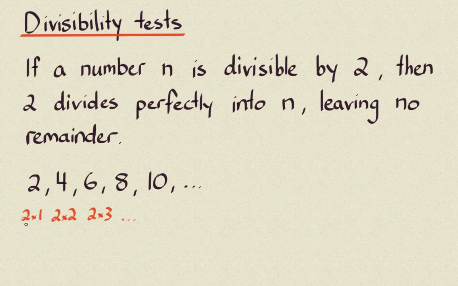Well, we've got the number 2 starting off, and that kind of makes sense because we're talking about a case where our number n must be divisible by 2, but then we have just a list of all the counting numbers, 1, 2, 3, 4, 5, and so on. So in general, our number n can be expressed as 2 times some other natural number p, where p just belongs to the set of natural numbers or counting numbers.